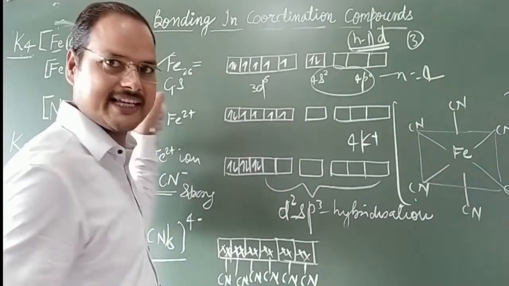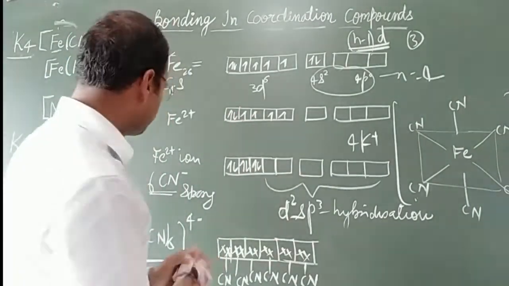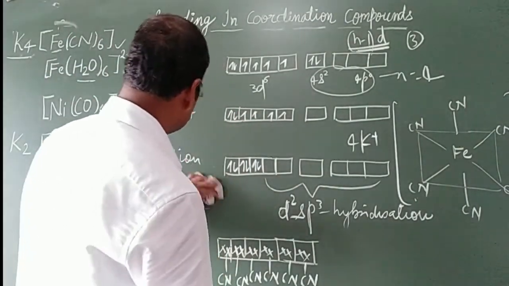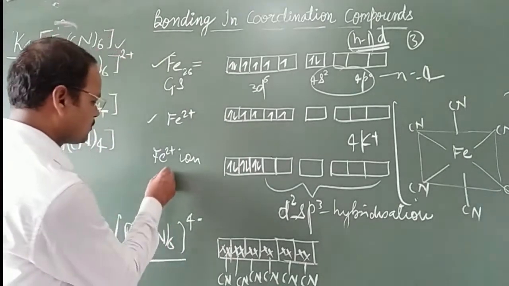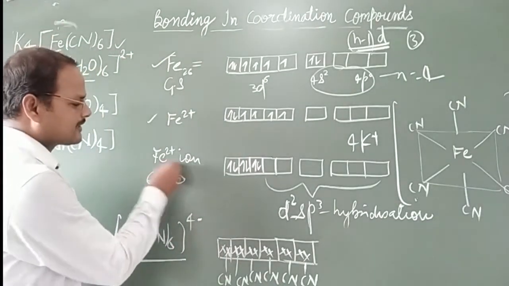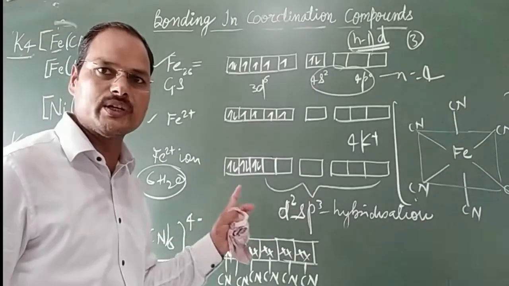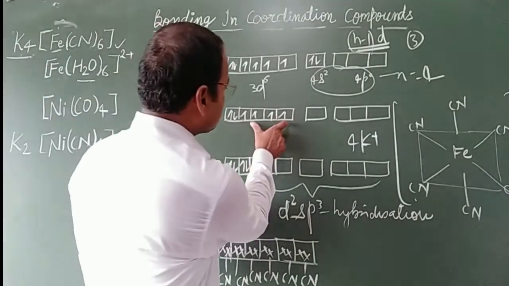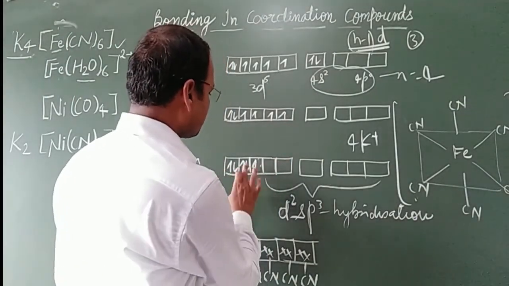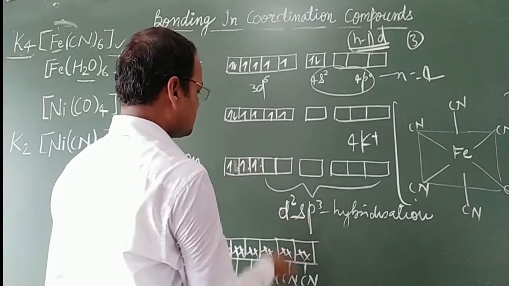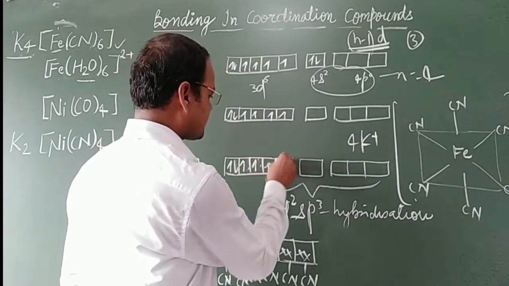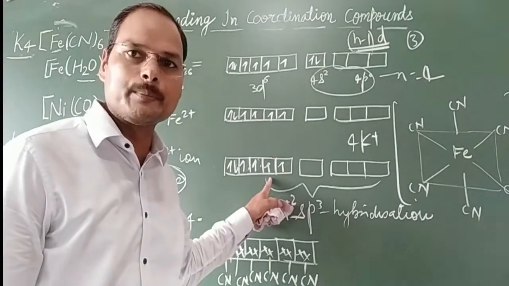But water, means H2O, is a weak ligand, it means pairing will not take place. In case of H2O, no pairing will take place. Why? Because H2O is a weak ligand, it means this structure will remain unpaired. So see, here in this case, 4 orbitals will be unpaired.